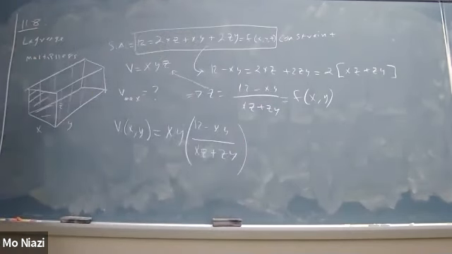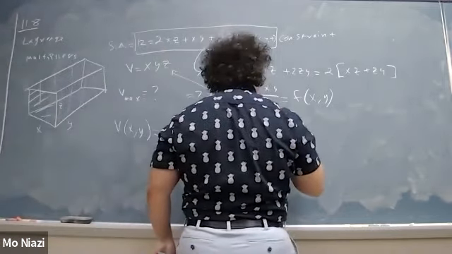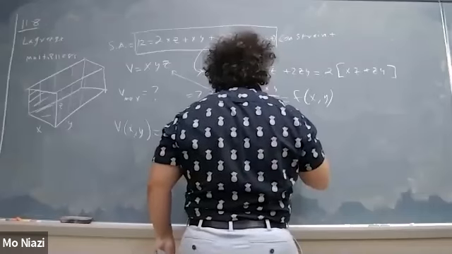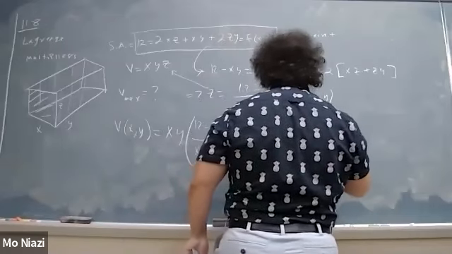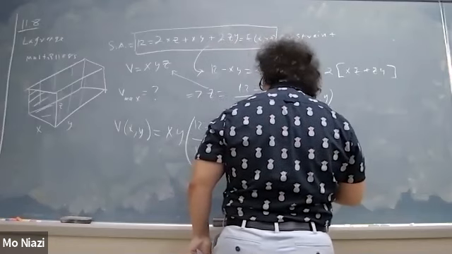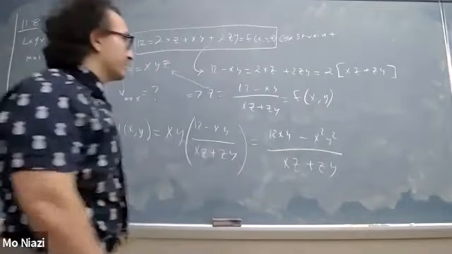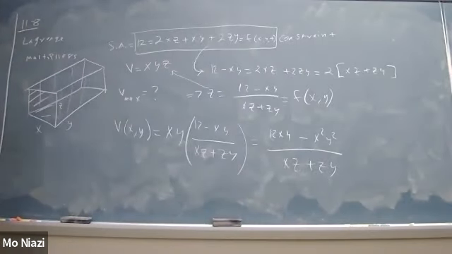Here's our new V of x, y. Clearly you can distribute that xy to get 12xy minus x squared y squared, everything divided by x plus y. So here's our V of x, y.